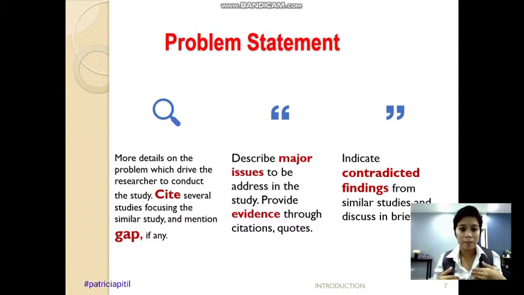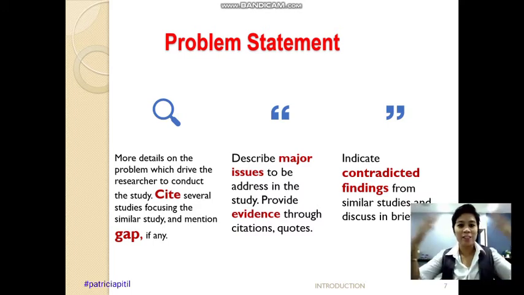Now the researchers are still conducting it, so many articles are being published that you can still read. I don't suggest very old ones. It's too old. It's not relevant anymore. We're talking about the relevancy of that article, or the relevancy of the results found by the previous researchers. Okay, no problem, no research.